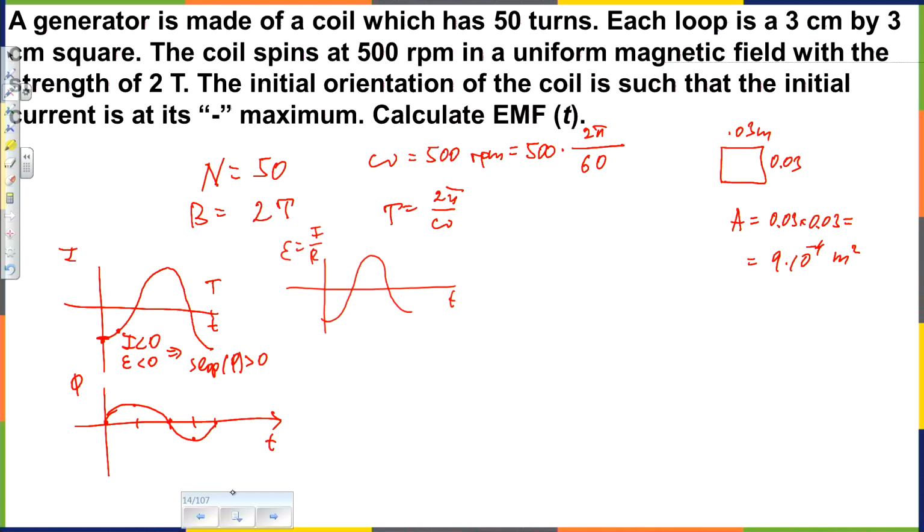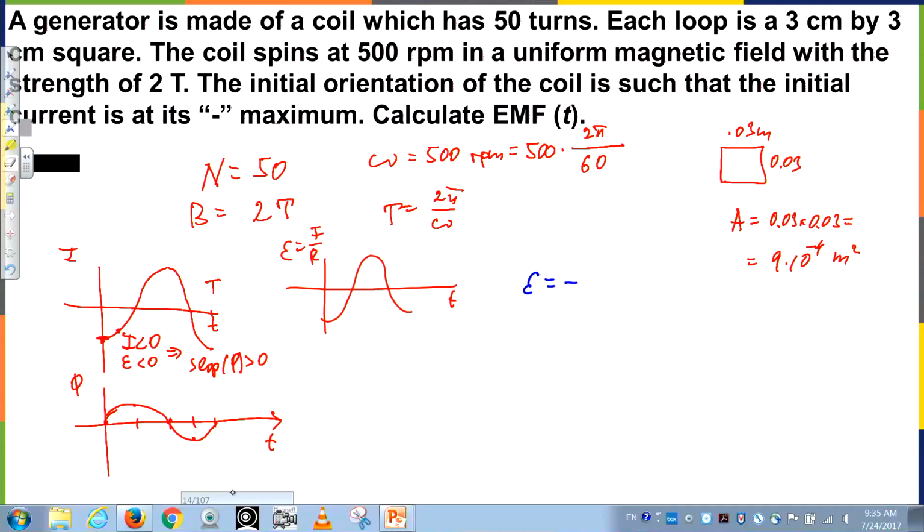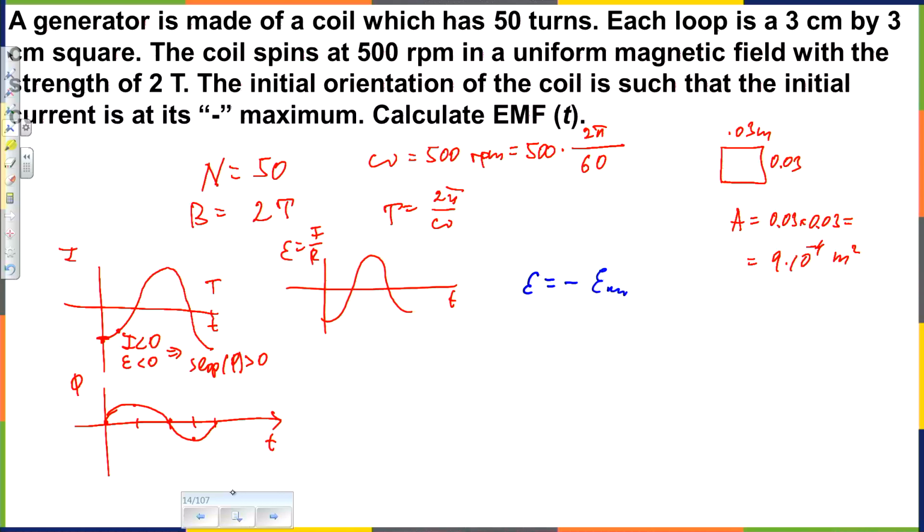And now we can write an equation. It is a negative cosine. E max times cosine omega t.